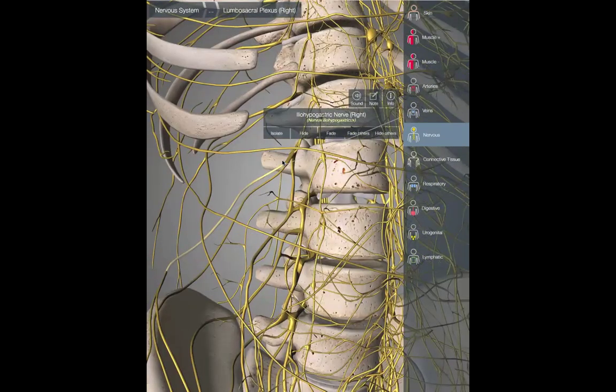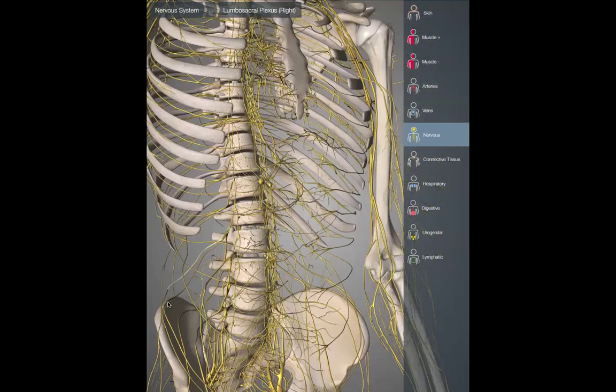What we know about this nerve is that it's the first major branch of the lumbar plexus, and it runs towards the iliac crest, right here. It runs towards the iliac crest from L1 anterior rami, and it splits into two: the anterior cutaneous branch of the iliohypogastric nerve and the lateral branch of the iliohypogastric nerve.